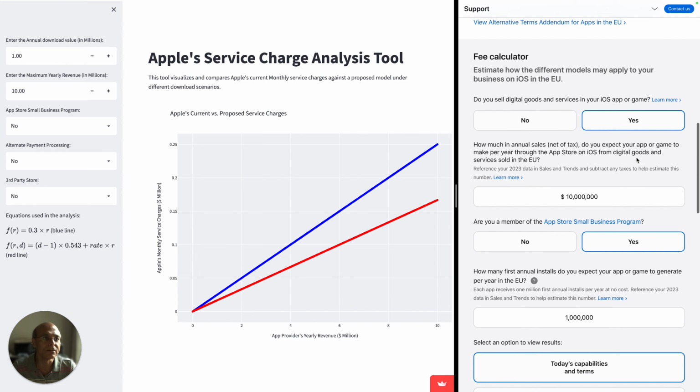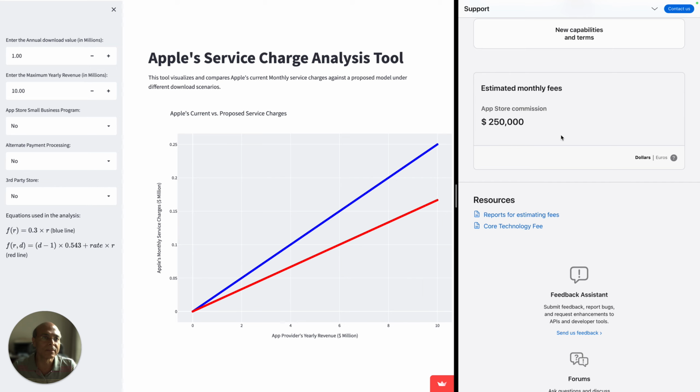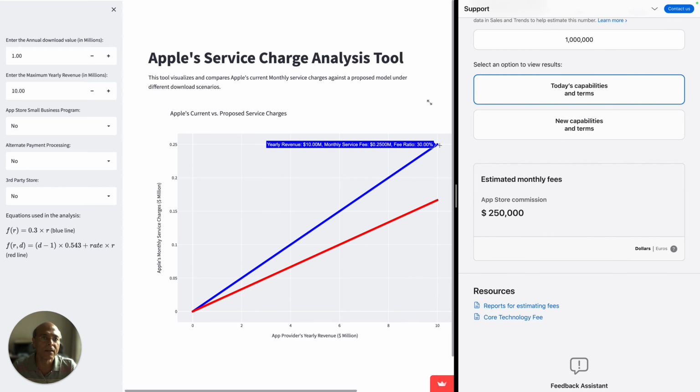Oh, sorry, I chose the small business program. Okay, let me choose this. Yeah, so now it comes out to be 250 and 250. You can see that 250 right in front of you.